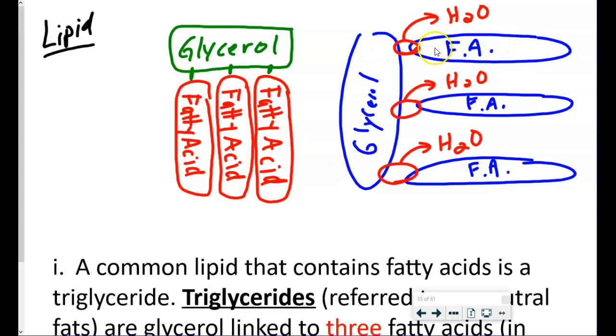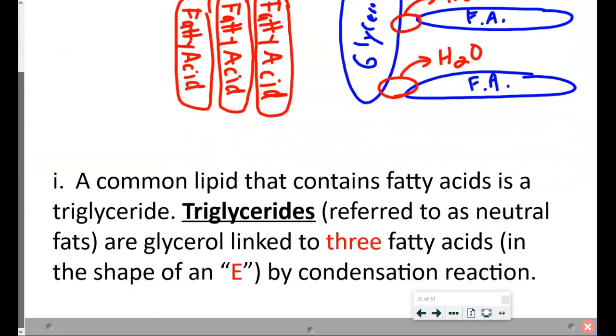Because there are 3 fatty acids, they all have to attach to the glycerol, and those are all places where you're going to have to remove water, do dehydration synthesis, to get them to hook together. So to build this, you would have to take 3 waters away, 1 for each fatty acid you want to attach. There are 3 fatty acids in this molecule.